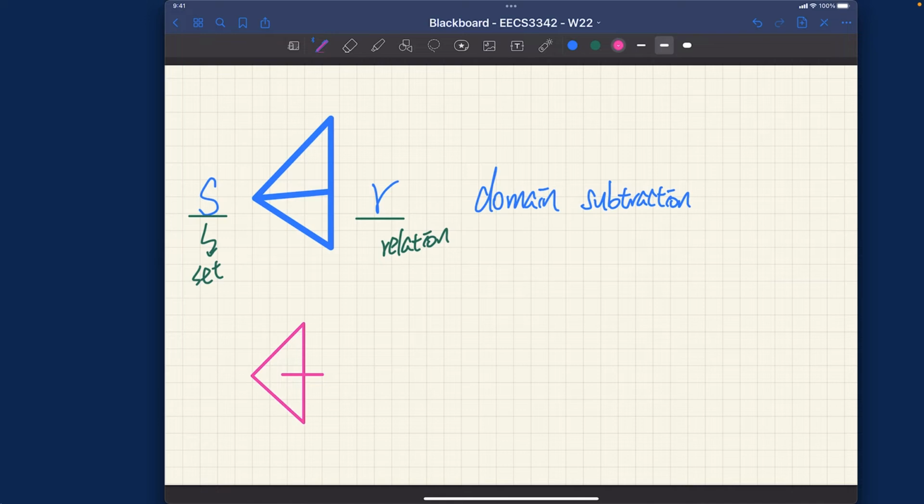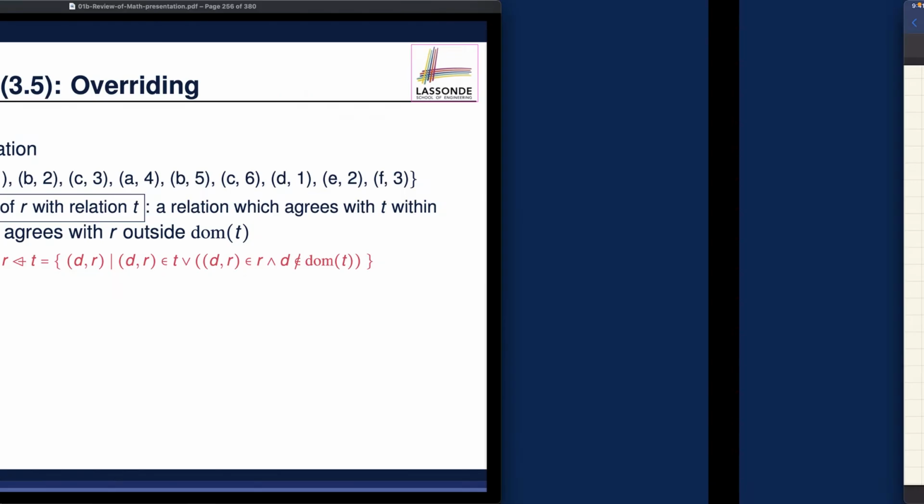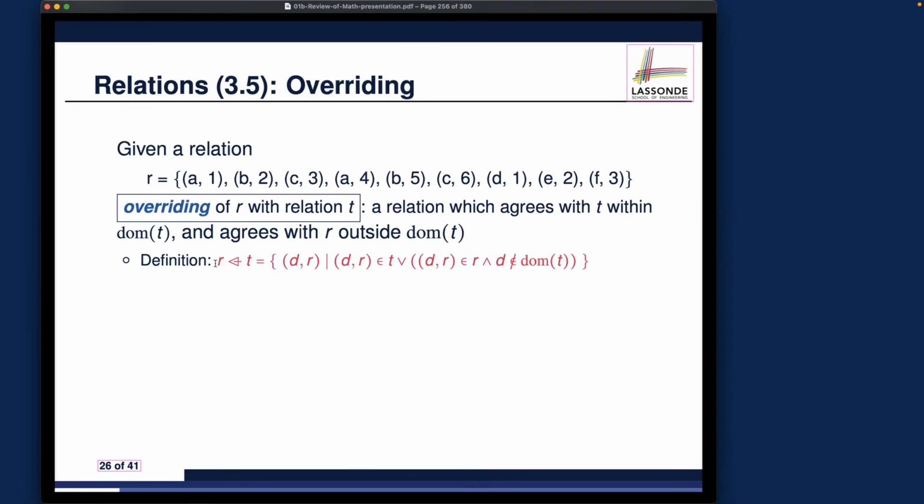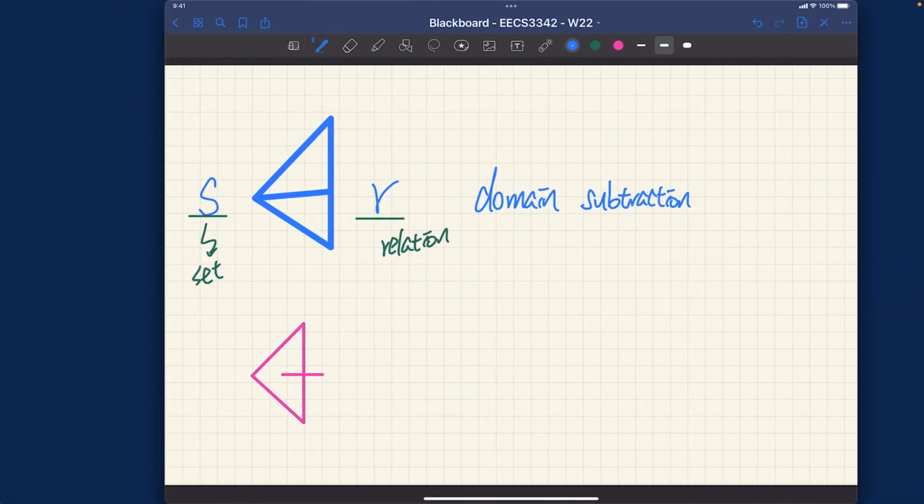Let's now take a look at the side. And also, if you go back to the syntax over here, we're going to have R over here on the left side rather than the right side. So we got R over here, and also we got T. R over here is a relation.